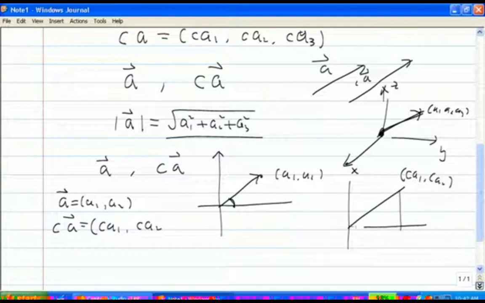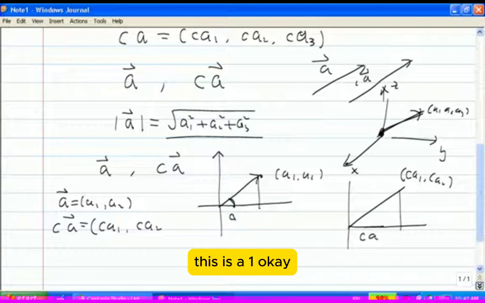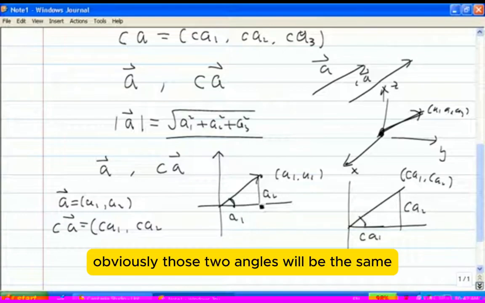So here this is A1, this is the distance, this is A2. This is CA1, CA2. Obviously, those two angles will be the same, right?